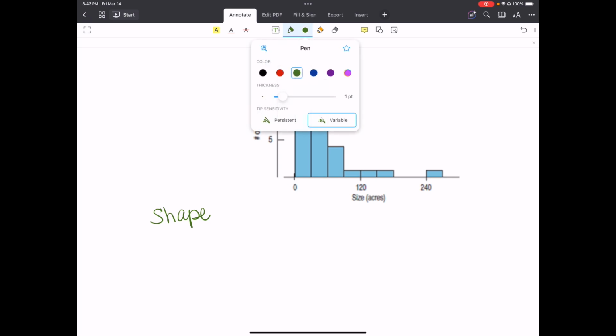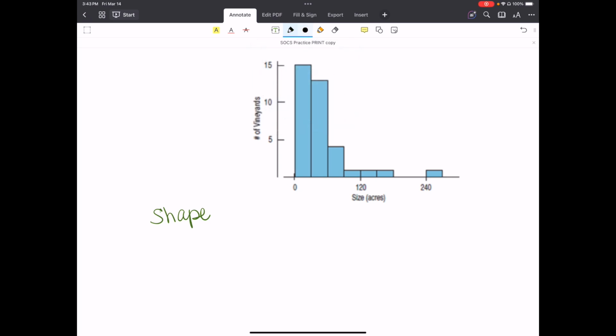So what I always do, no matter what type of distribution it is, I always go over and draw an outline, just like that. That way you can kind of see what it's doing and get an idea of what the distribution looks like. So if we look at shape, this only has one hump in it. So that is what we call unimodal.